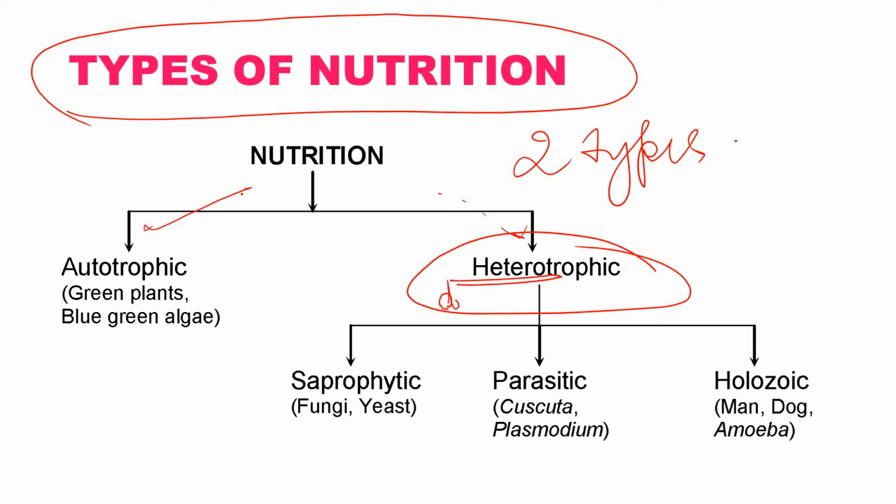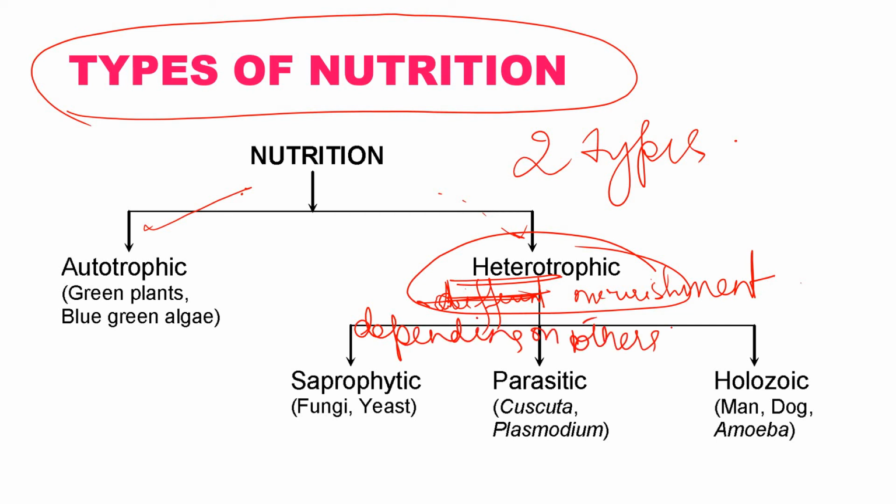Depending on others, or you can say hetero means different, trophic means nourishment. Or sometimes you can also just say depending on others for nourishment. Okay, so this is all about your heterotrophic nutrition.